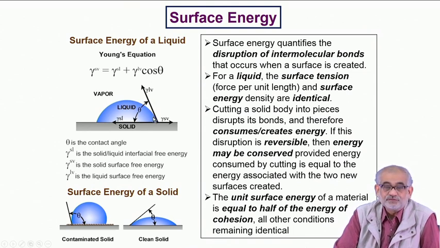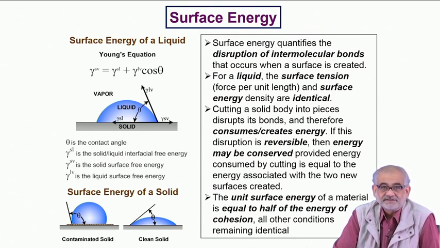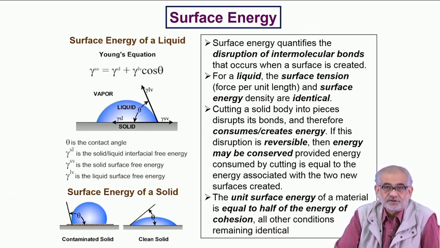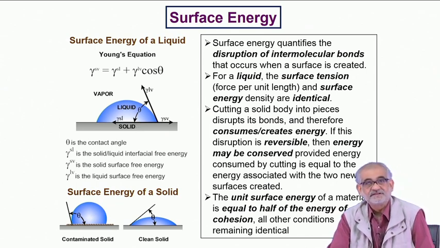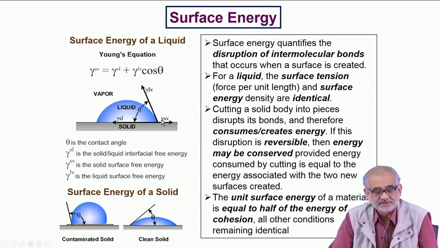If you just compare two possible situations, when you allow a drop of ink to fall on a blotting paper, the ink immediately spreads. On the other hand, if you imagine a drop of oil placed on top of a glass slide, then you can easily imagine that this drop is not going to spread as easily as you have seen in the case of ink on a blotting paper.